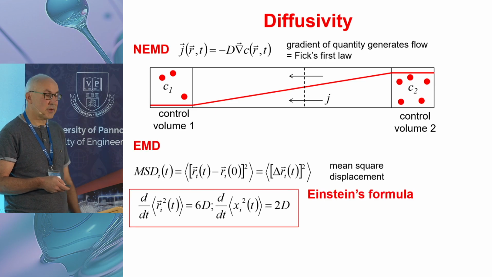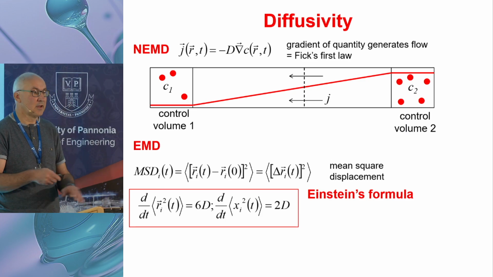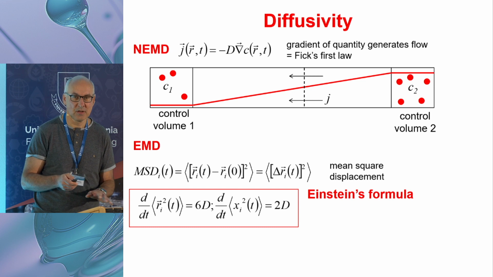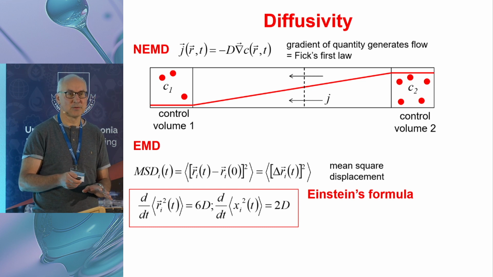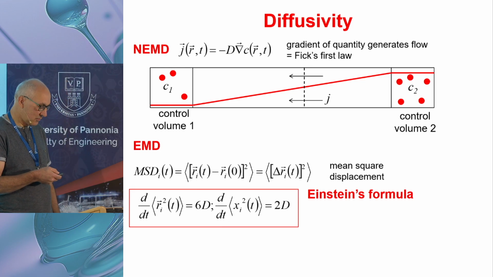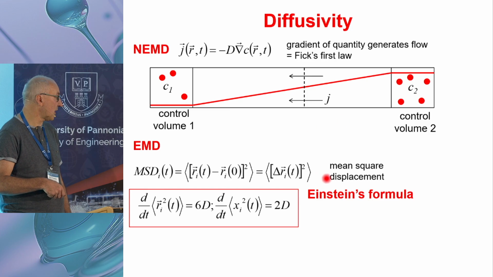But it's much easier to determine diffusivity from the equilibrium MD. Again, you just do an absolutely standard simulation without any perturbation, but you need the mathematics to tell you what this diffusivity is. And it is well known that to get the diffusivity, it's enough just to monitor the mean square deviation, how much your particles diffuse over a given time.